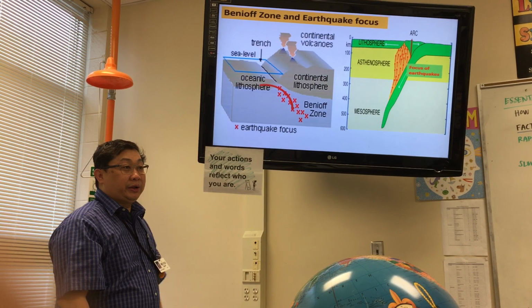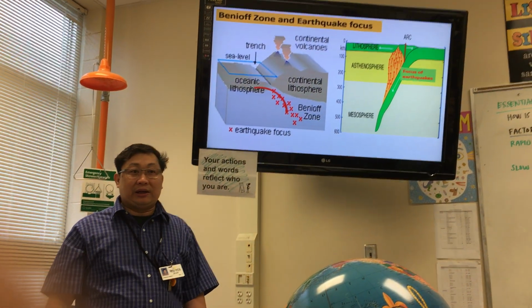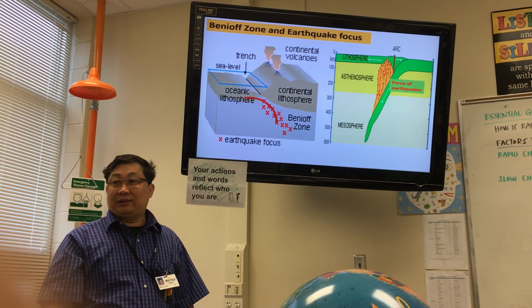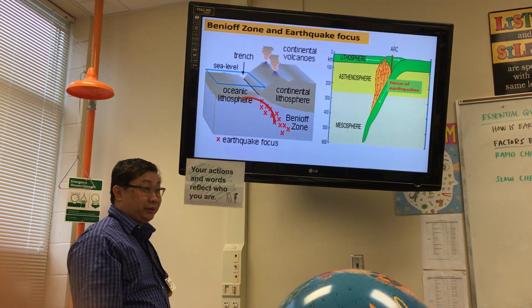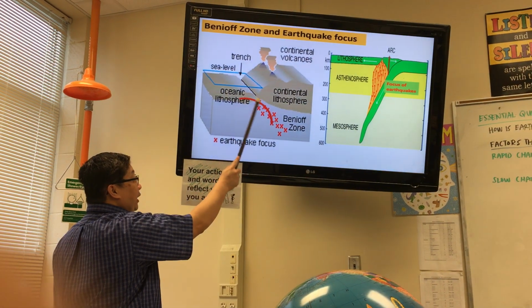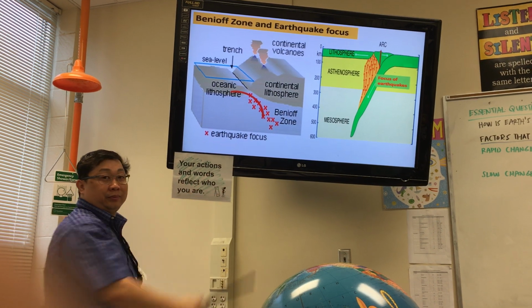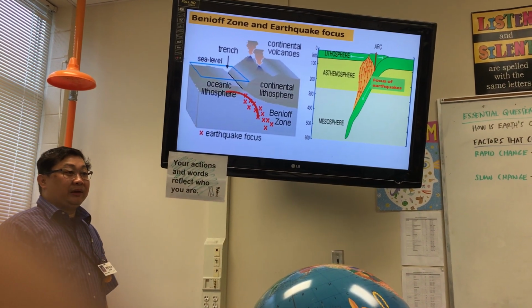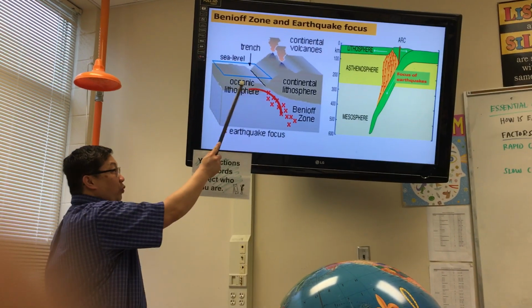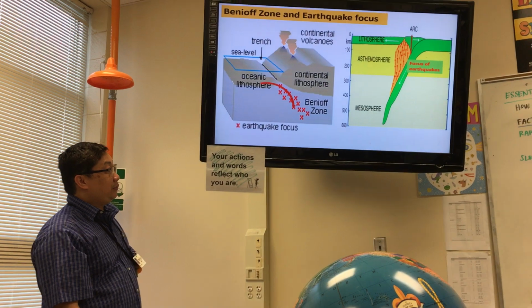So most of the earthquakes on Earth happen in subduction zones, and the one that is subducting is the oceanic plate because it's heavier. Again, we call the area where they have friction and where the stress builds up the Benioff zone. The Benioff zone is found within the subduction zone of the oceanic plate.